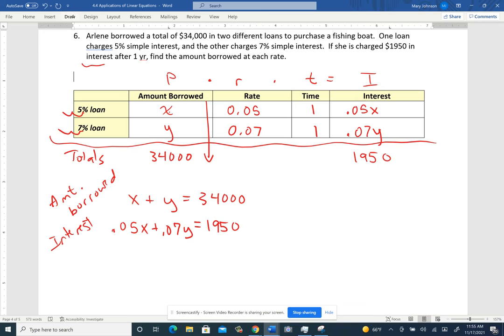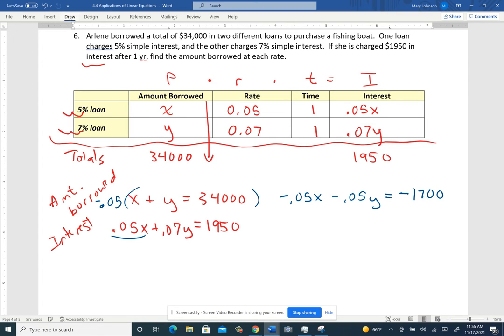What I would do here is use elimination and just multiply this first equation by 0.05 and make it negative, so it'll be the opposite of what I have down here. So that would be negative 0.05x minus 0.05y equals, and then I take 35,000 times 0.05, and it's negative, so that would be negative 1,700.